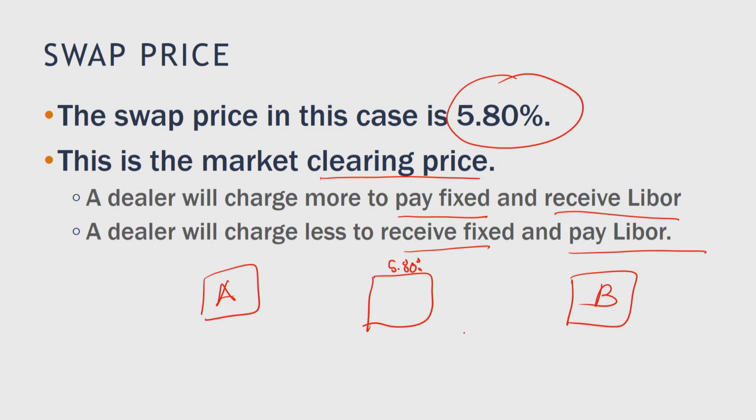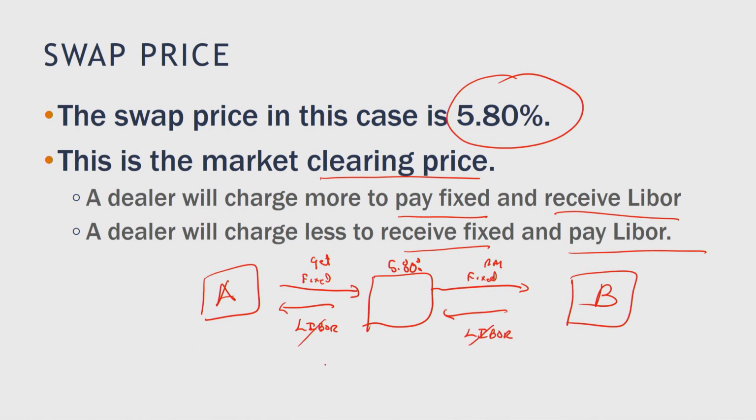So basically, the dealer is receiving fixed here, and paying LIBOR here, and it's going to be paying fixed here. So this is get, pay, and it's going to get LIBOR.